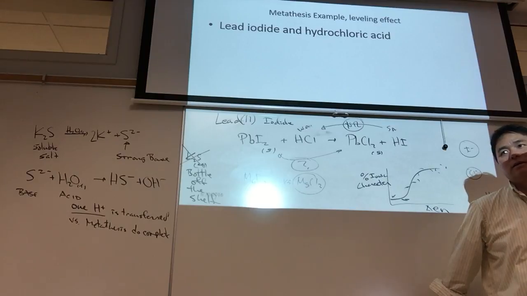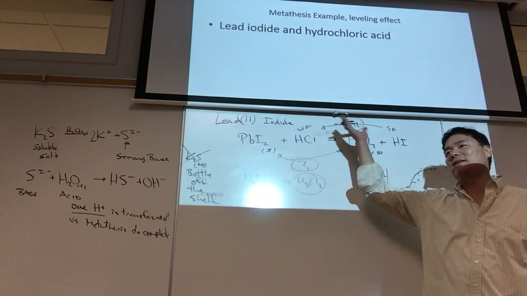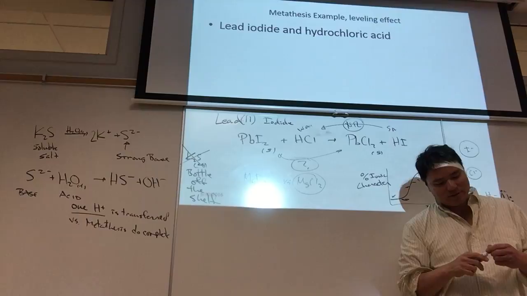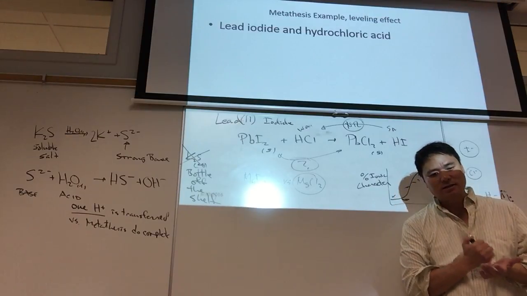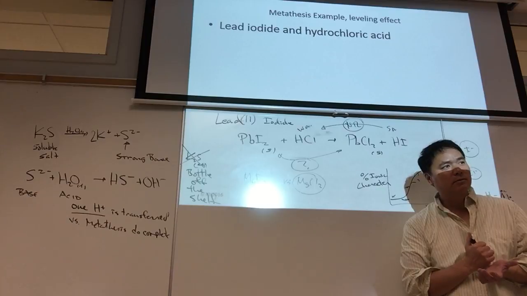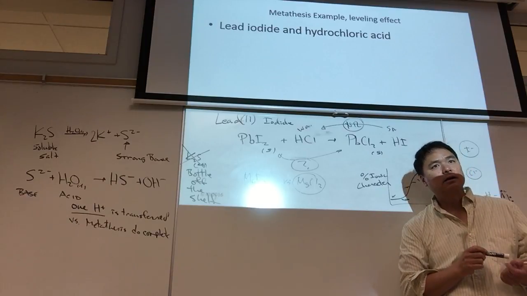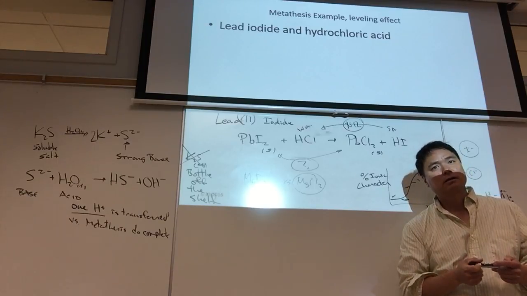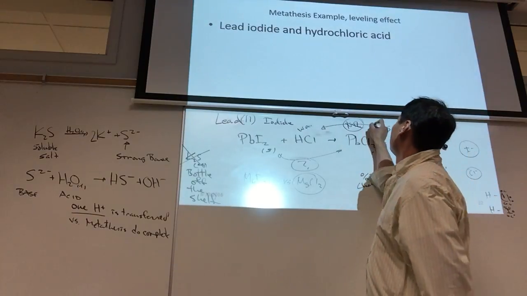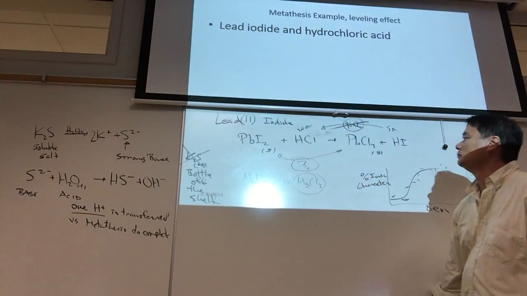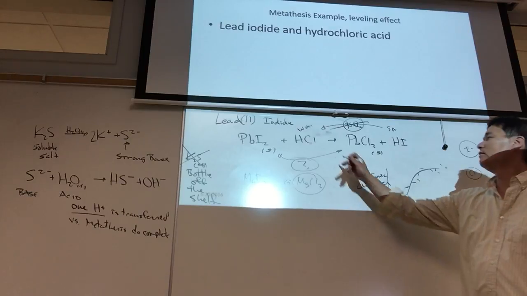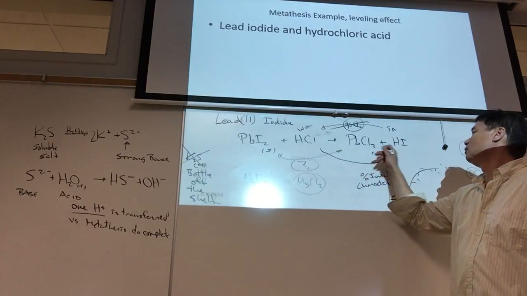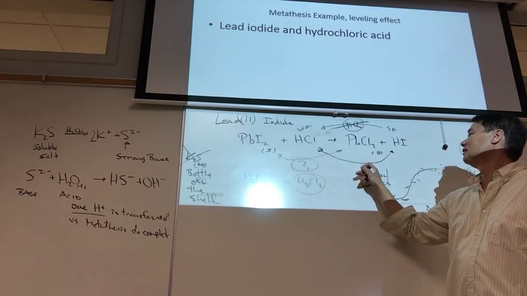No, that's wrong. I mean, it's right, but it wasn't fair because I tried to fool you. I tried to trick you because I didn't consider something. This is wrong. HCl versus HI, which one's stronger?